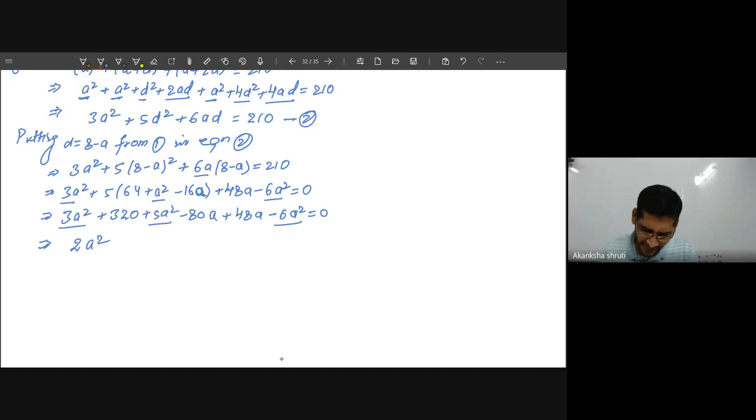For the a terms, we have minus 80 and then minus 48. How much does it become? 32a. Okay. Then what is the constant? Only one is the constant, 320, equals 0.